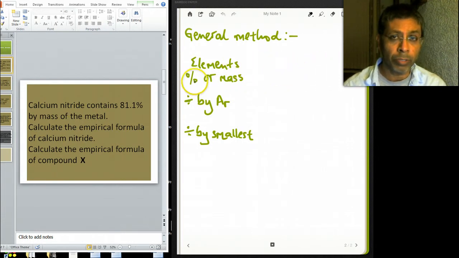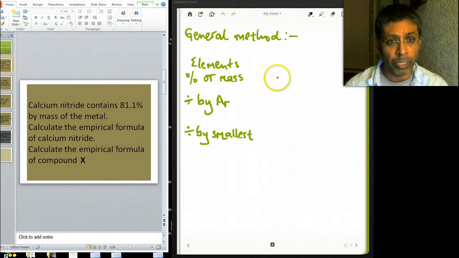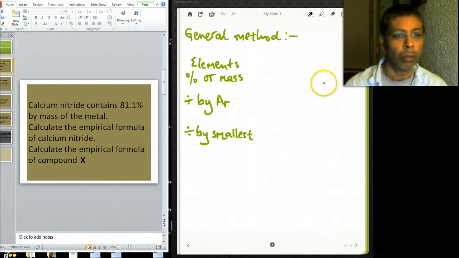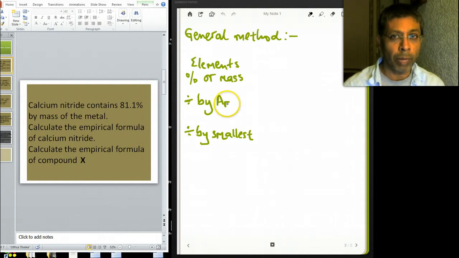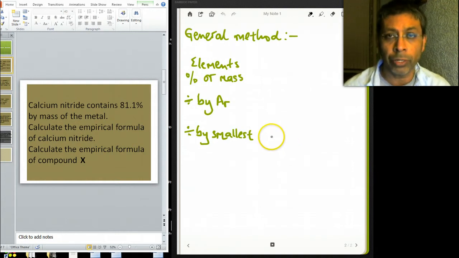Then you write down the percentage or the mass. In this case they give you percentage, so you write down the percentage underneath each one. Then you divide by the atomic mass, so you can use your periodic table to find the atomic masses. So divide the percentage by the atomic mass, get a value, and get a value here as well. And then you divide by the smallest of the 2 numbers you just found, and you'll get your ratio.